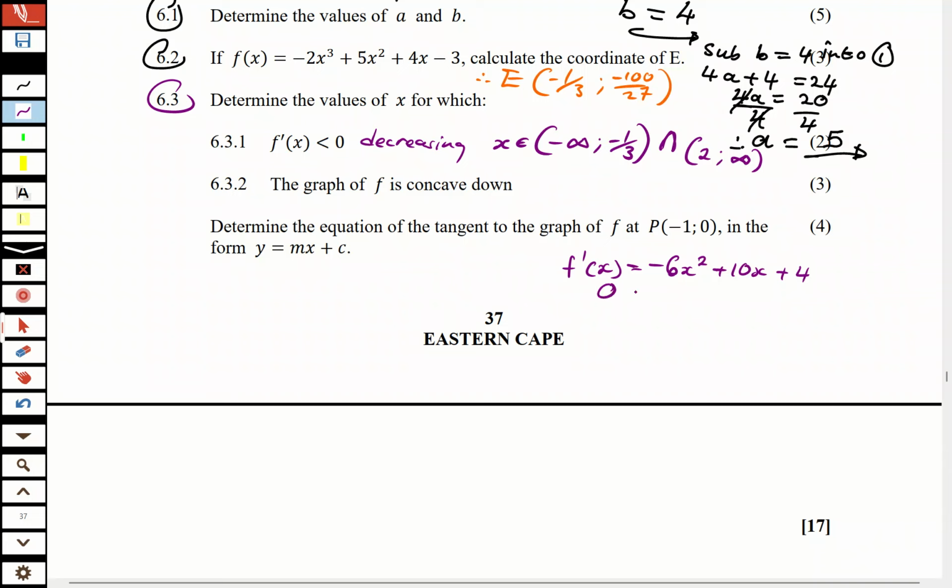So how do you use this? You solve this. You let y be 0. You have negative 6x squared plus 10x plus 4. Remember, we're dealing with the inequality sign. Don't forget. Remember, this is your first derivative.